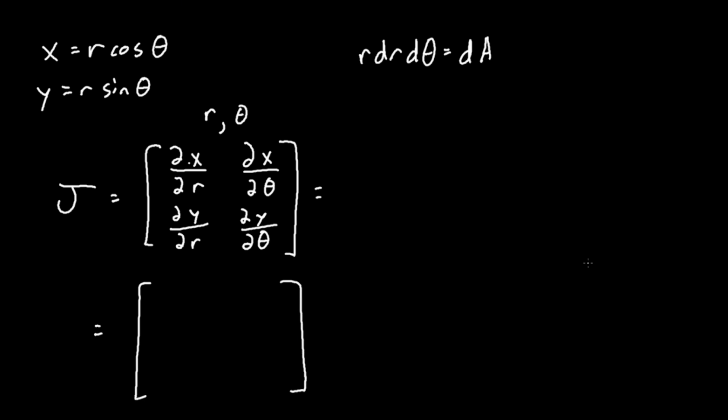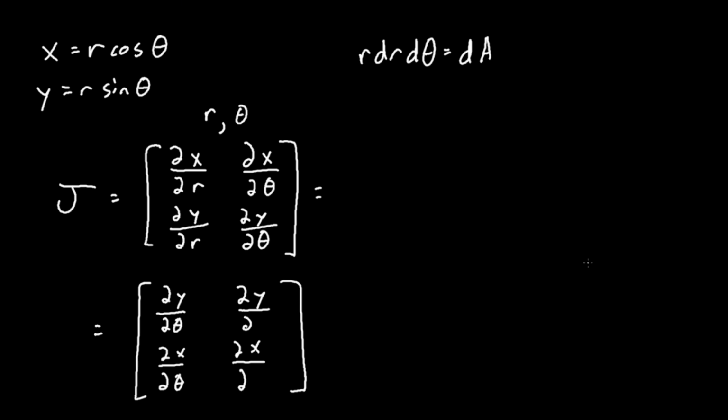You can actually switch your rows for x and y. So you can write partial y first and then partial x. But what you can do is also switch the columns of your new variables.